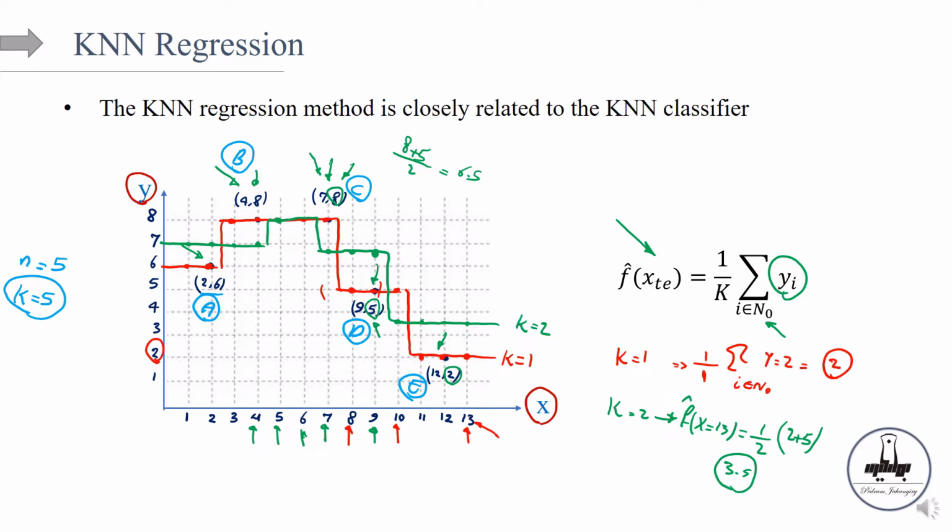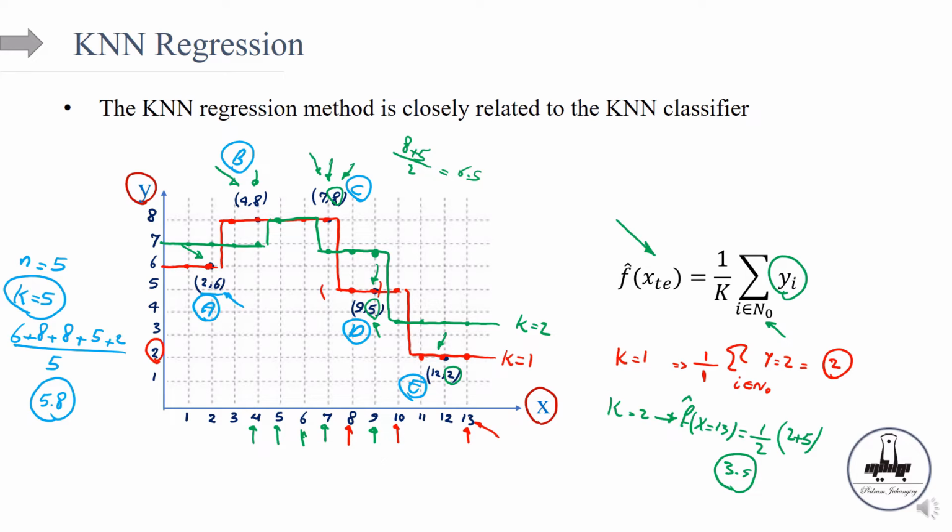So basically, the prediction is going to be always one number, and that number is going to be the average value of all these y's, right? So what do we have? We have 6, plus 8, plus 8, plus 5, plus 2, the entire thing divided by 5, right? So if you do the math, you should get something like 5.8.